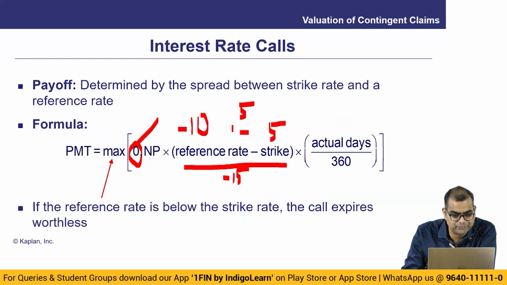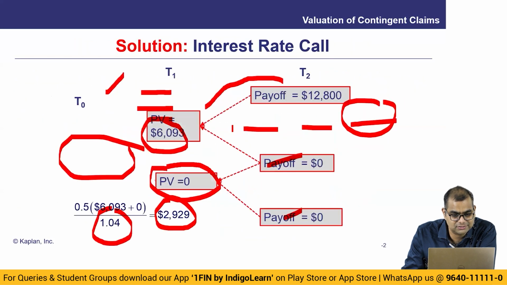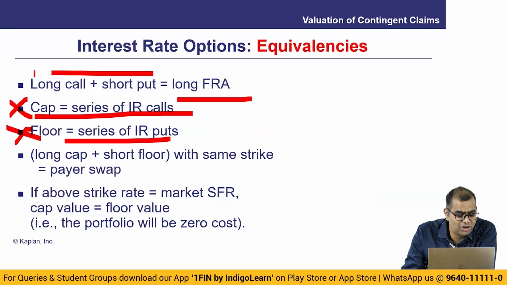Coming here, long call. So I have done a long call. Long call is what? If the market interest rate goes up, I make 3%. 10 minus 7.